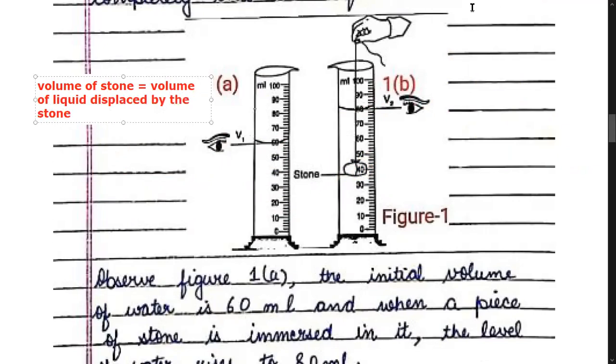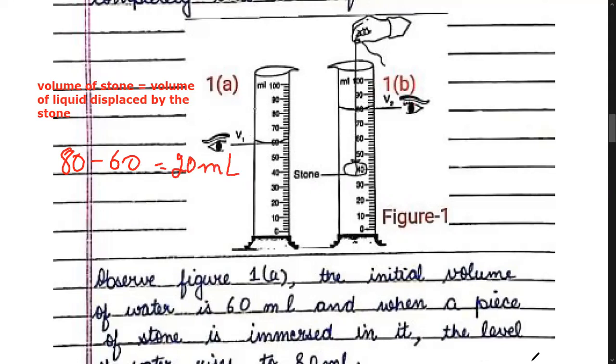So, children, the volume of liquid displaced by the stone is how much? It is 80 minus 60, that is 20 milliliter. Now, liquid displaces 20 milliliter.